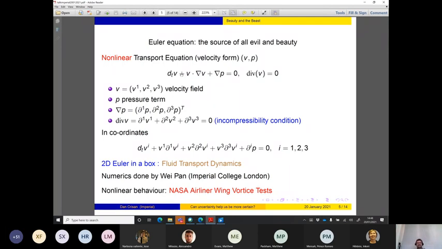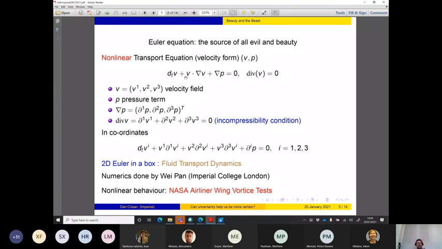Well, having said that, it's not the case that the Euler equation is simple. It does look simple in here, but it's actually quite complicated. And believe it or not, to this day, we don't yet know whether the Euler equation has a global solution in 3D.